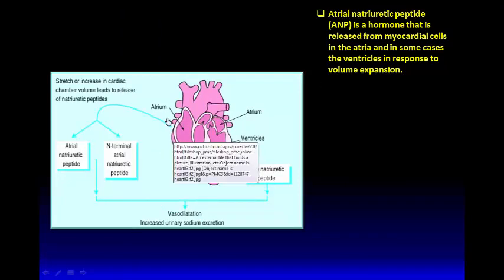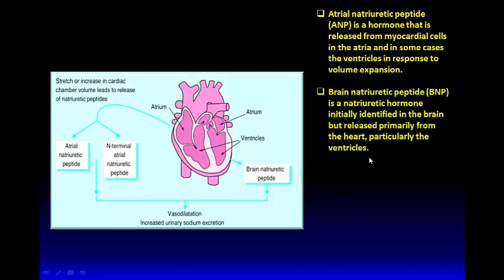Atrial natriuretic peptide, this is a hormone which is released from the myocardial cells in the atria, and in some cases also the myocardial cells of the ventricles, in response to volume expansion. Brain natriuretic peptide is a natriuretic hormone initially discovered in the brain but released primarily from the ventricular myocytes.